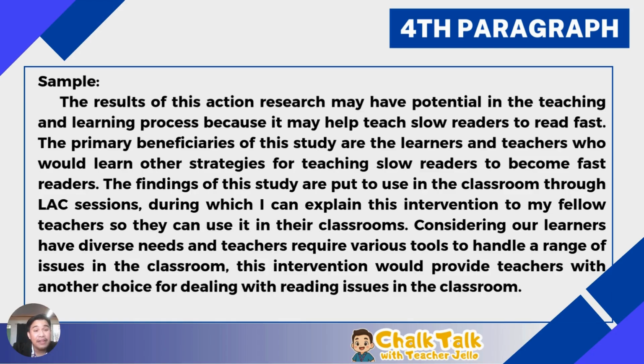The primary beneficiaries of the study are the learners and teachers who would learn other strategies for teaching slow readers to become fast readers. The findings of the study are put to use in the classroom through LAC sessions, during which I can explain this intervention to my fellow teachers so that they can use it in their classrooms.